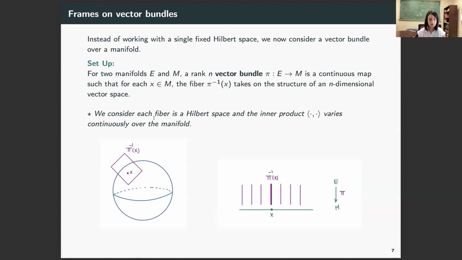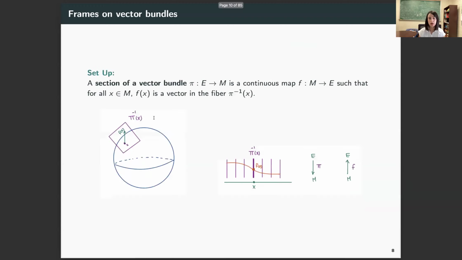Another thing that we need to define at the beginning is the idea of a section of a vector bundle. A section of a vector bundle is a continuous map F that goes from M to E, such that if I take any element x from my manifold, F of x is a vector on this fiber.